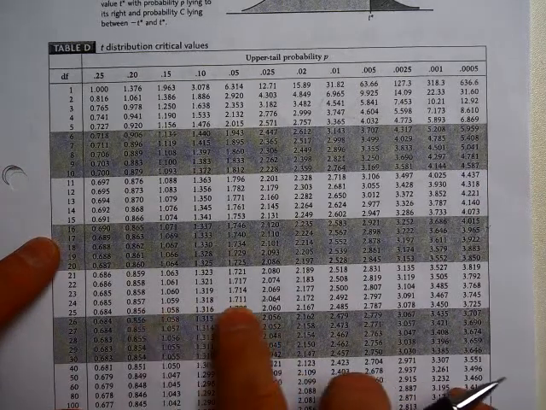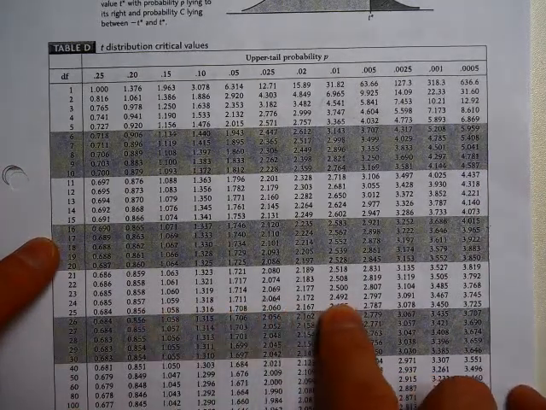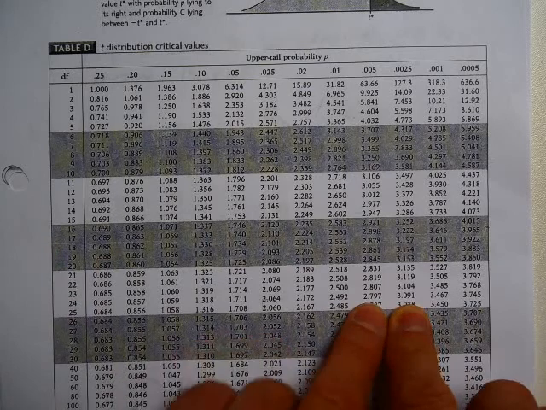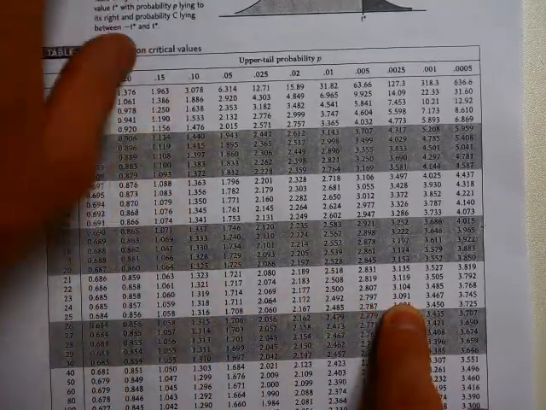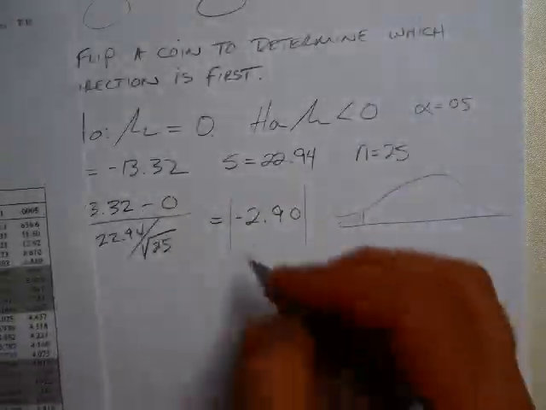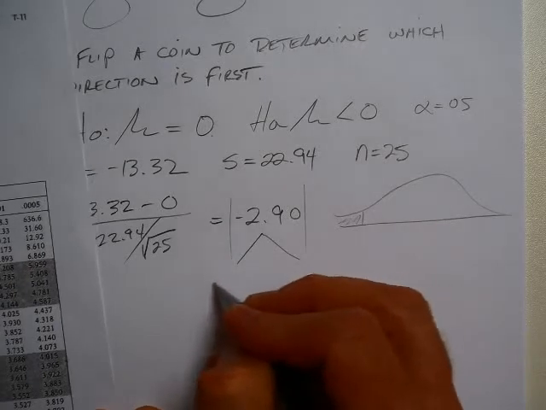So I'm going to look over here and I'm looking for 2.9, and it's going to be between 2.797 and 3.091, which gives us some pretty low p-values. I'm going to write those down first.